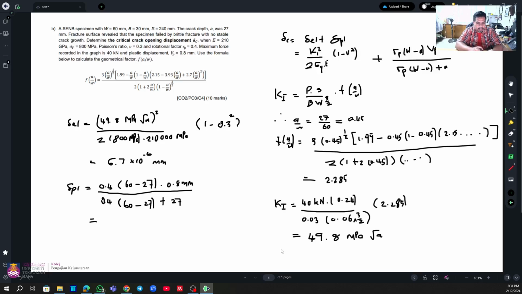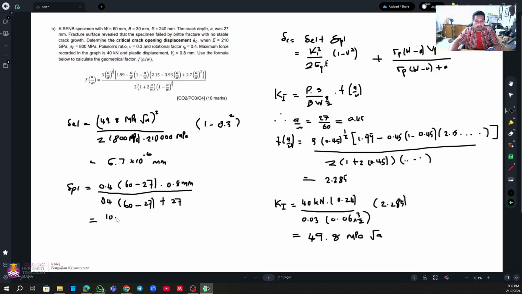Okay, so we want to compare to this one. 0.4, 60 minus 27. You see from here is 13.2, and you have to multiply by 0.8 millimeter. Okay, you will obtain 10.56.